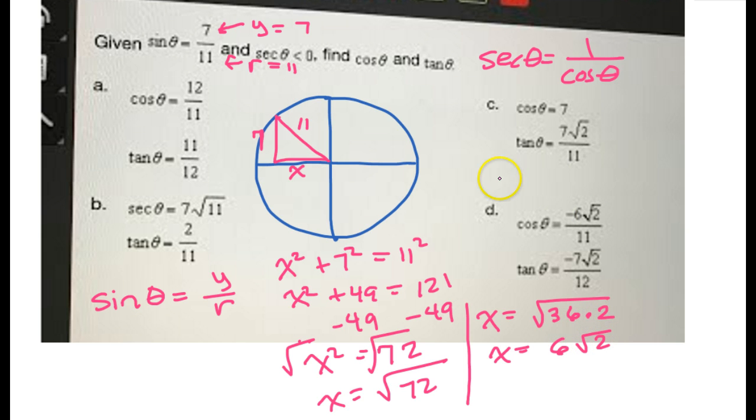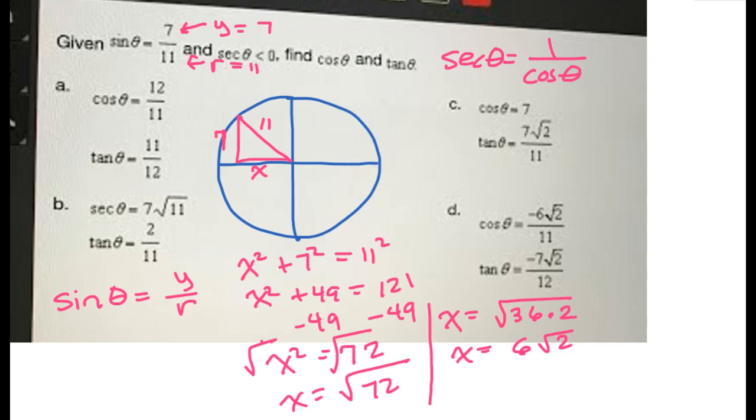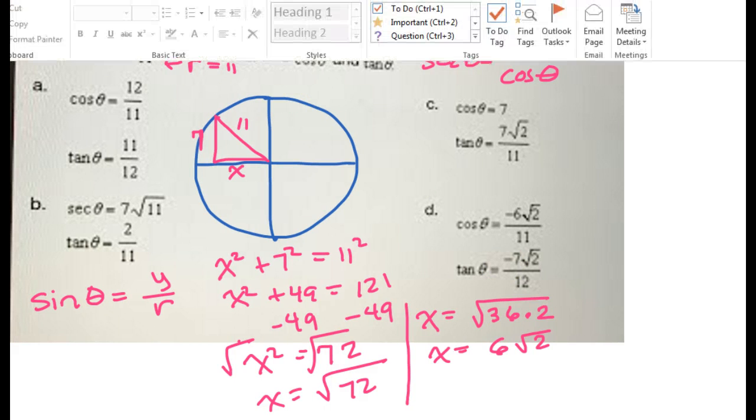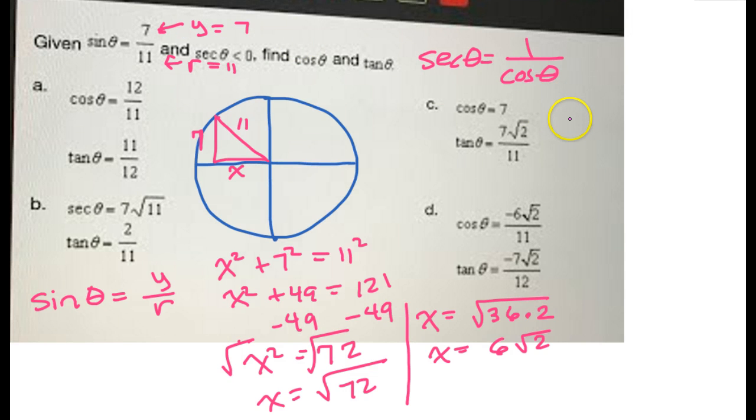Okay, so now it's time to find cosine and tangent. Let me scoot over to the side a little bit more and maybe change colors. Cosine of theta is x over r.